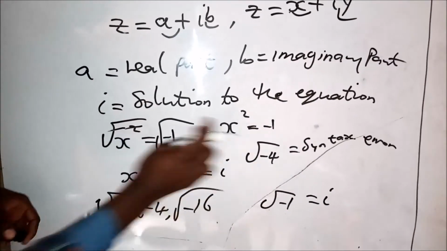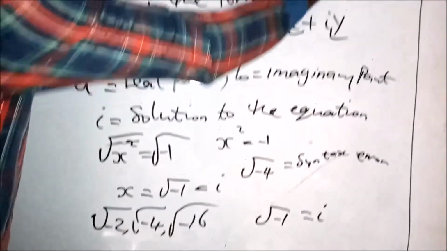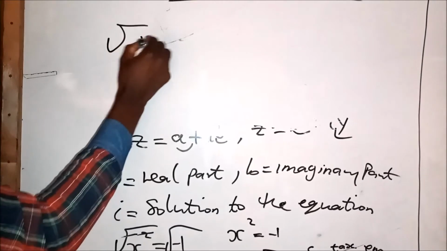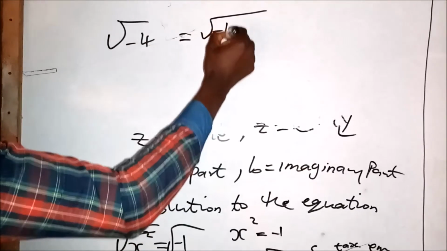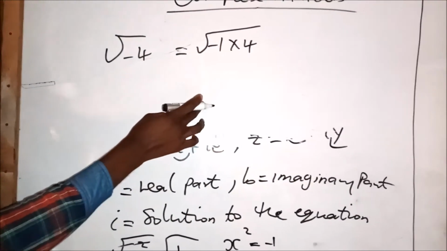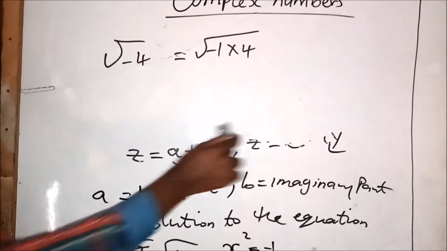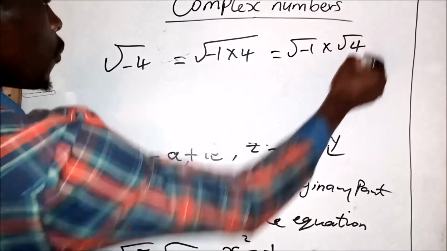So we can say that square root of minus 4 can now be resolved as square root of minus 1 times 4, using the laws of surds, whereby minus 1 times 4 is the same as minus 4. So that we can now have square root of minus 1 multiplied by square root of 4.